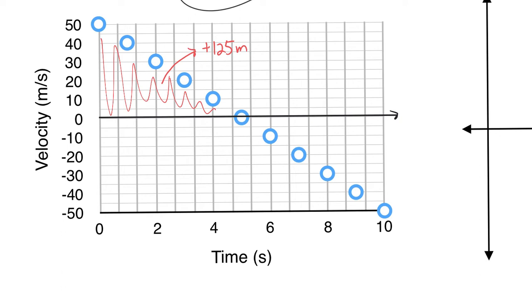That good? And then I see this side. And, well, I see some symmetry here, but it's all on the bottom of the axis. So this is negative 125 meters. Correct?